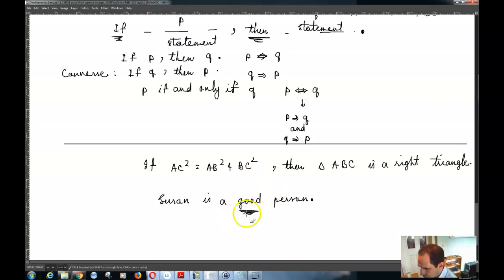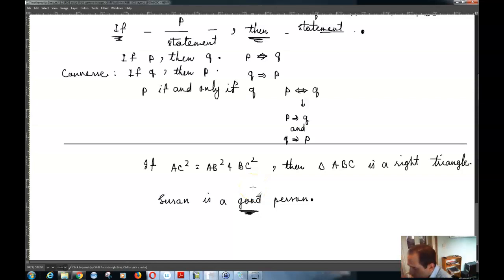Supposing that good has a definite definition, which it doesn't, of course. In our day-to-day lives, good is a subjective concept. It's not objective, really. Good has as many definitions as there are people on planet Earth, really. So there is no real definition for this word. But I'm assuming that this word good has an objective definition.